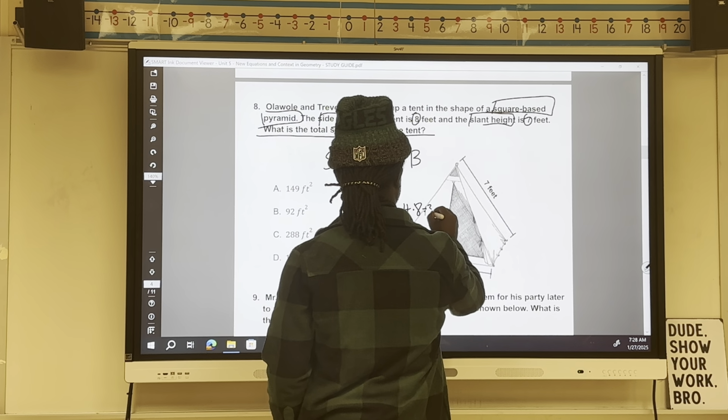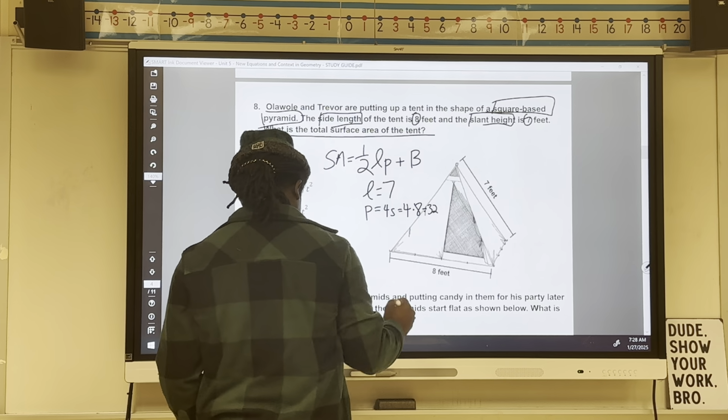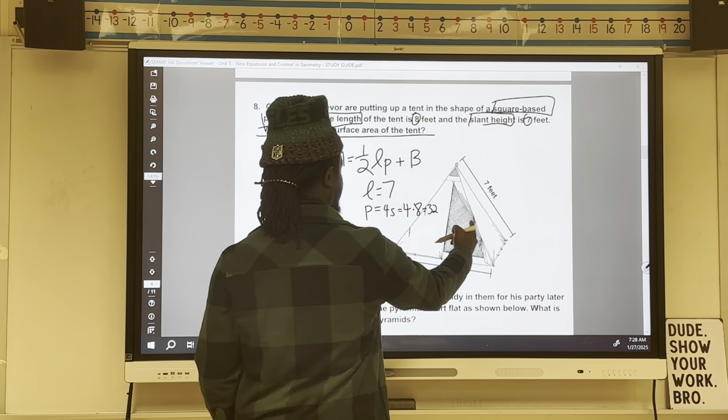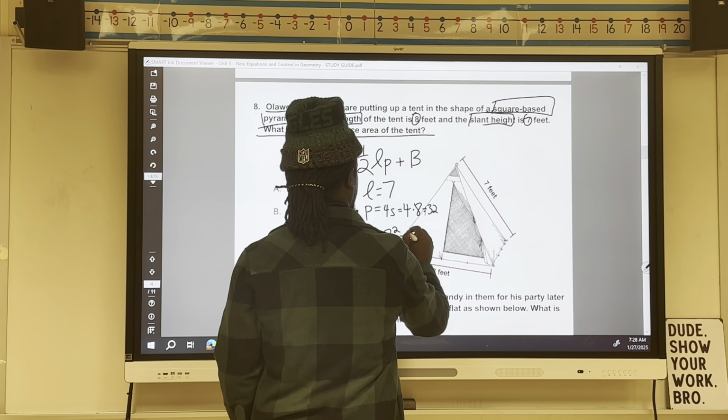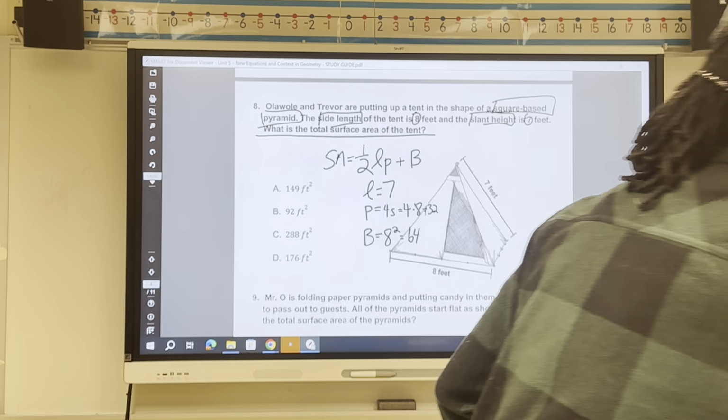Okay, that gives me 32. I did this wrong in my previous workings of it. And then the big B is the area of the base. So I'm going to do 8 squared, and that's going to give me 64. And so then I'm going to plug that in.